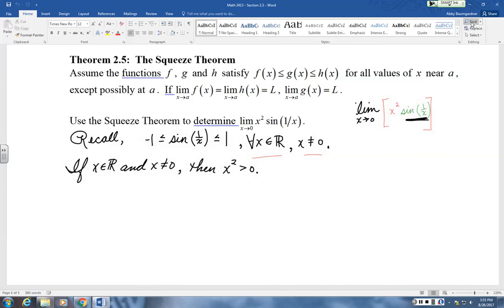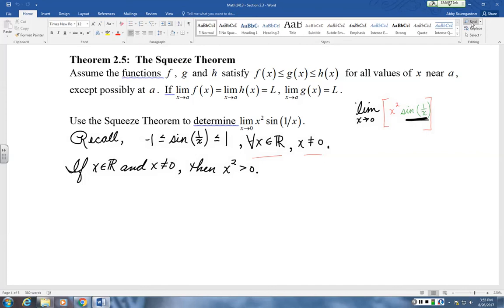If you have a positive number, then when you multiply an inequality by that positive number, it does not change the direction of the inequality. And that's the thing that we have to worry about. Remember, we have inequalities here, and so if we were to multiply by a negative number, it would change the direction of the inequality. In fact, it would make us split it into two different cases, and it would be terrible. We'd have to do all sorts of stuff. But here, this is a positive number.